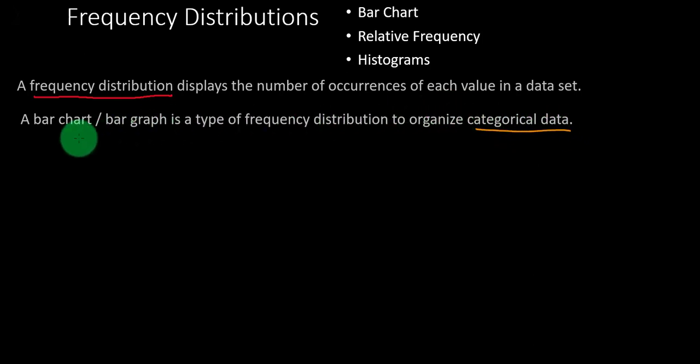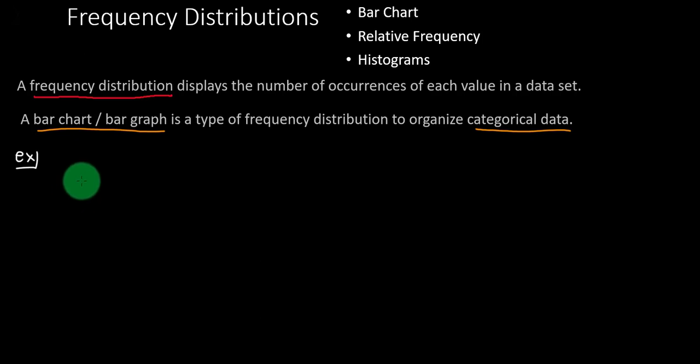And if you want to make a graph that condenses and organizes categorical data, we usually do so in a type of bar graph or a bar chart, and we can use those terms interchangeably. So let's look at an example of a bar chart.